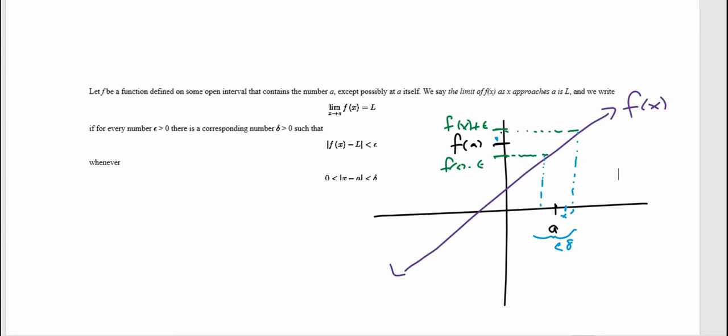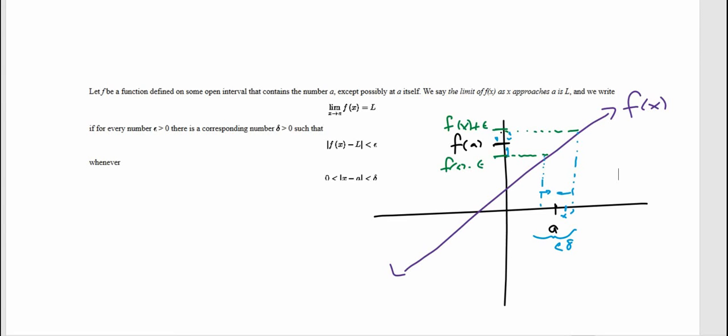So the distance between x and a is always less than some delta. And it's our job to find out what that delta is. What we want to know is how close can we squeeze that in? And if we squeeze this in really, really close, then this is also going to squeeze in really, really close. That's what it's saying, okay?